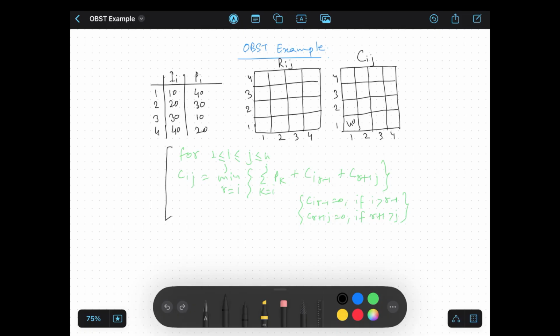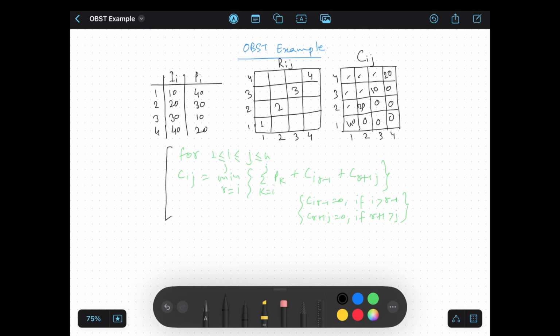So then 2 and 2 is going to be 30, 3 and 3 is going to be 10, and 4 and 4 is going to be 20. Similarly, for the roots, these are going to be 1, 2, 3, and 4. And values below are going to be 0.